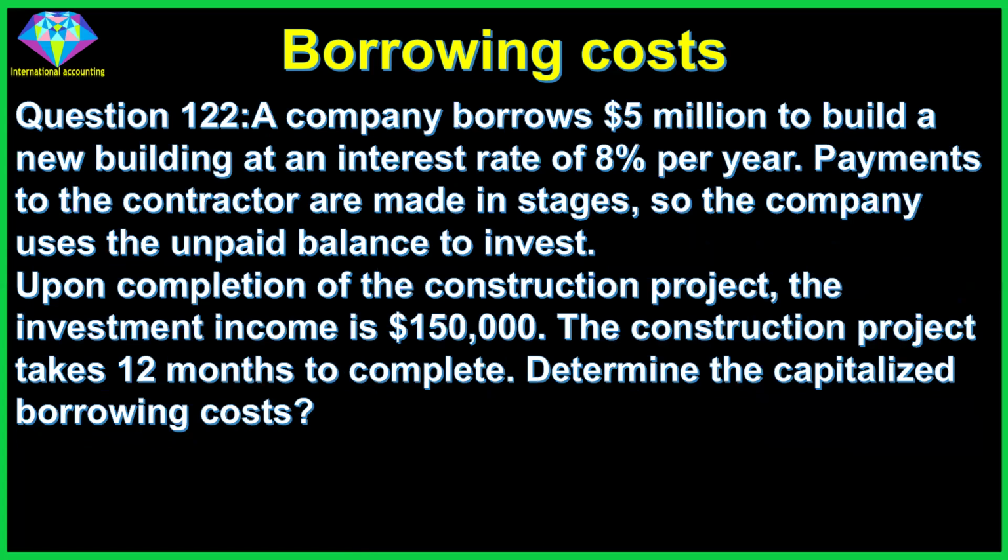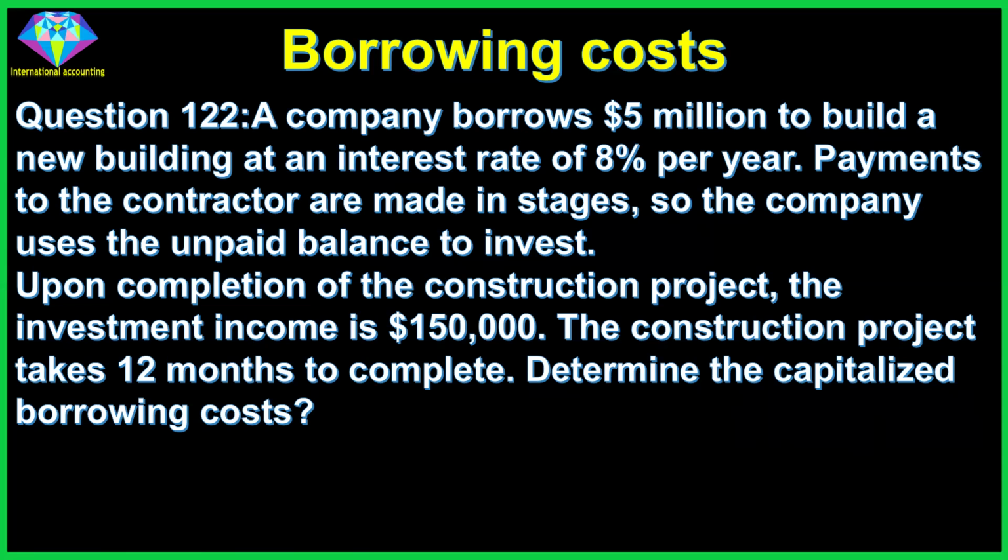Question 122. A company borrows $5 million to build a new building at an interest rate of 8% per year. Payments to the contractor are made in stages, so the company uses the unpaid balance to invest. Upon completion of the construction project, the investment income is $150,000. The construction project takes 12 months to complete.